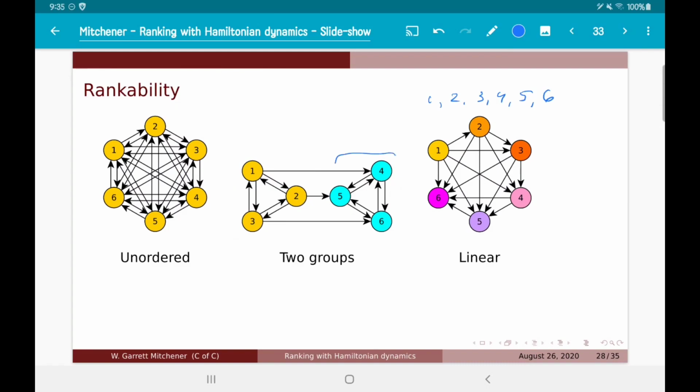But within the blue items, all 3 of those are interchangeable. And within the yellow items, all 3 of those are interchangeable. So in this case, we should believe rankings that place 1, 2, and 3 to the left and 4, 5, and 6 to the right. But other than that, any information that 1 should come before 2 is probably just noise. It's excess precision, if you will.